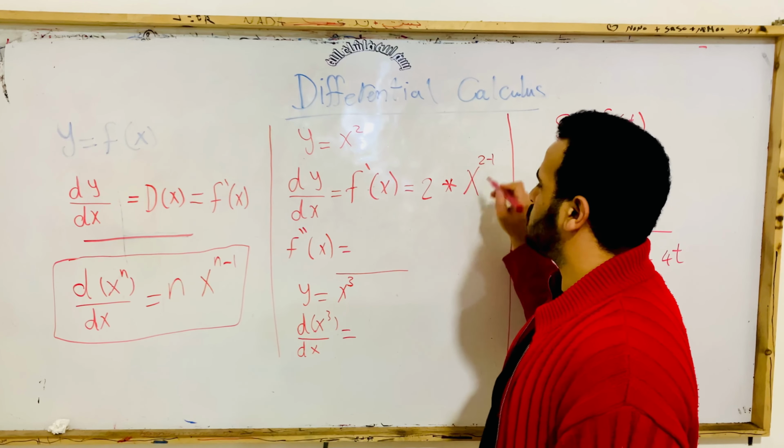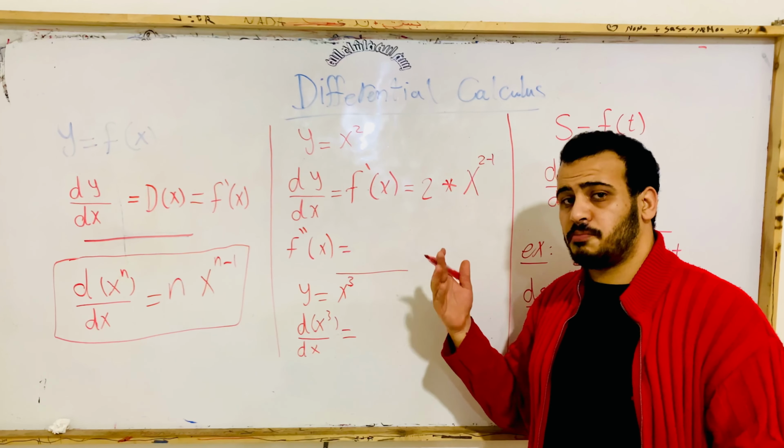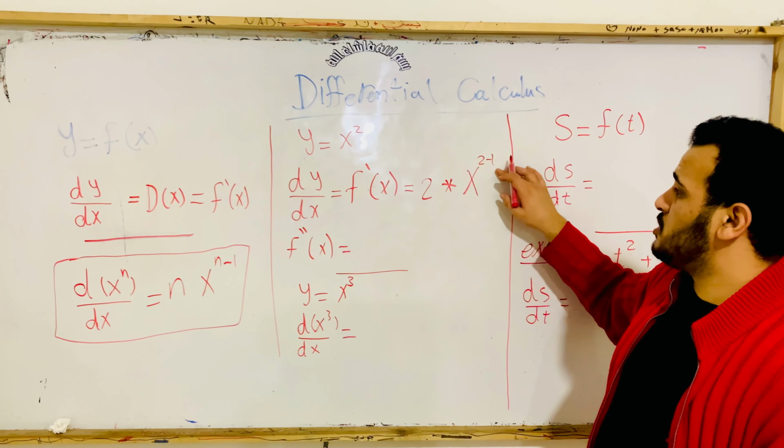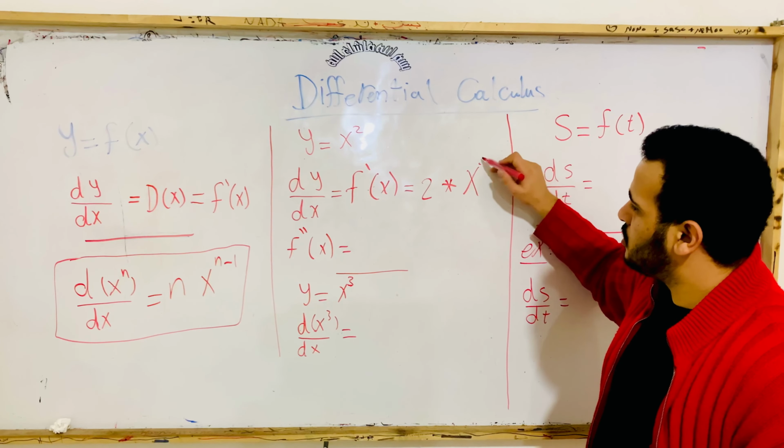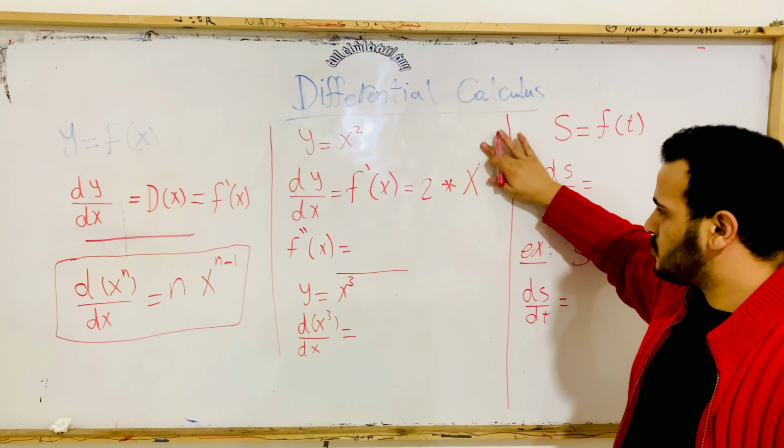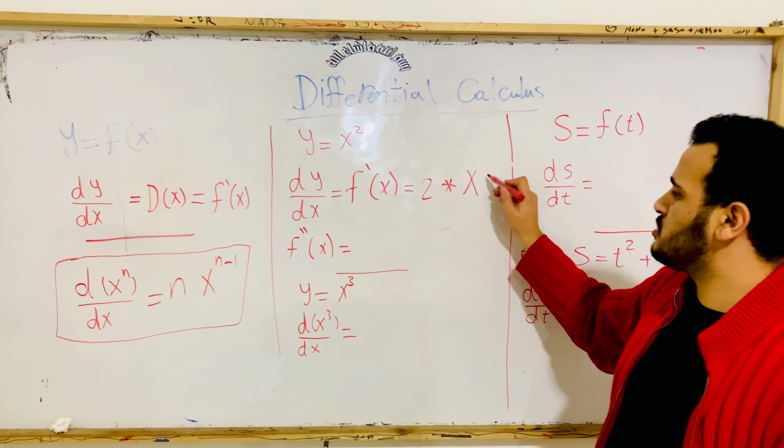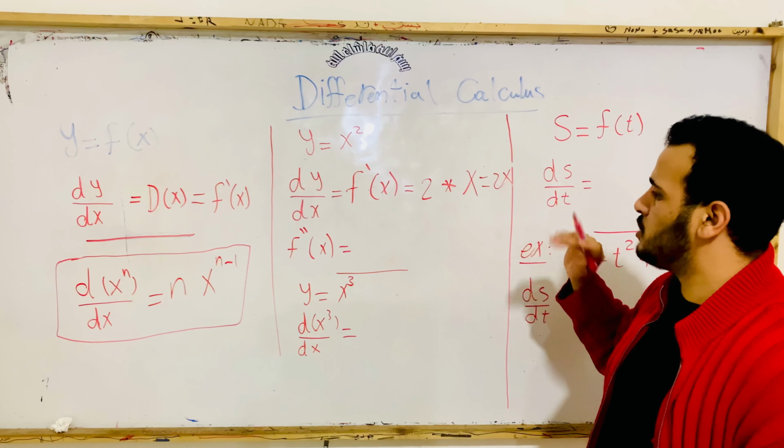We subtract 1 from the power, so it's just 1. This is going to be equal to 2x only as a result.